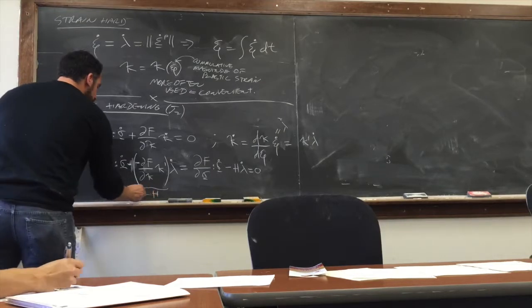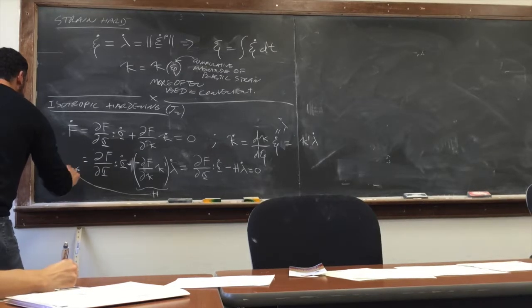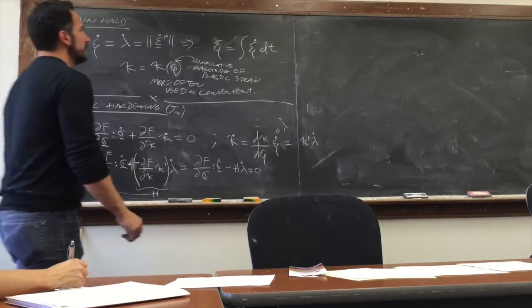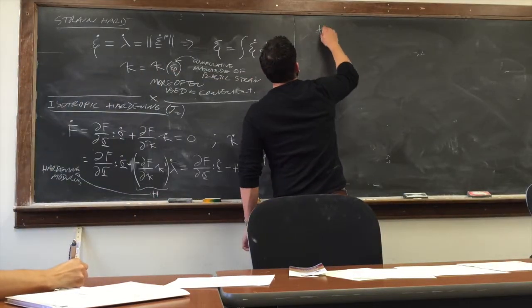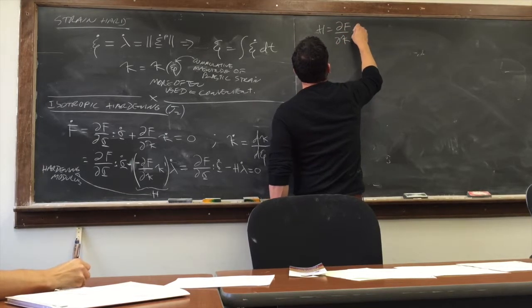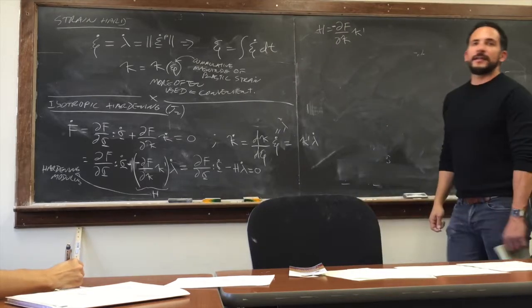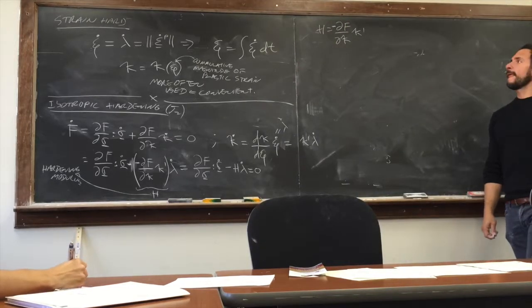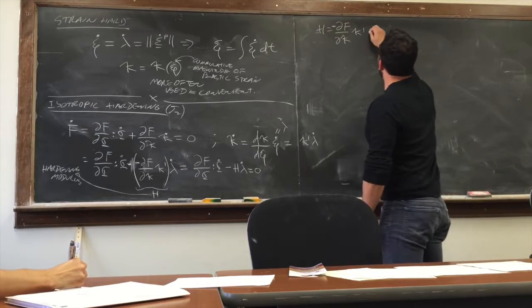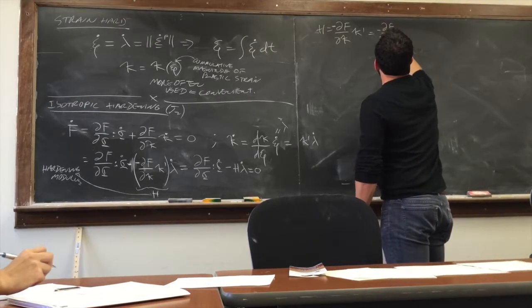And we're going to baptize this guy as the hardening modulus. So check him out. H equals dF d kappa kappa prime with a minus sign in front of it. In other words, you could also write it as minus dF dc.